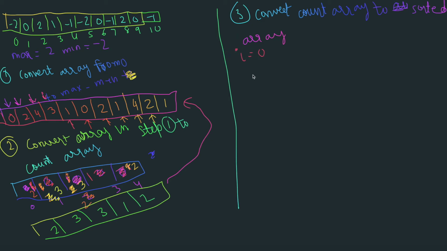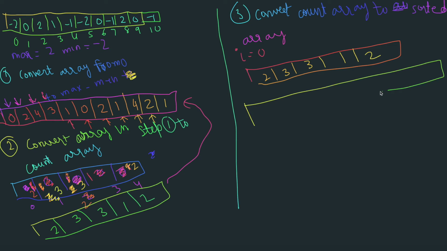We keep accessing the elements of the count array. So the count array is 2, 3, 3, 1, 2, and the array has 10 indexes, so 0 1 2 3 4 5 6 7 8 9.